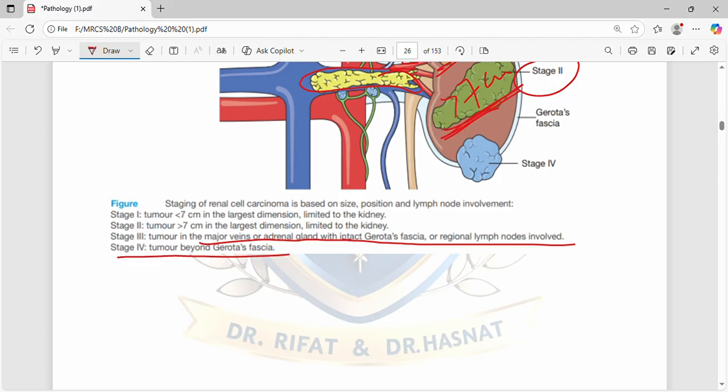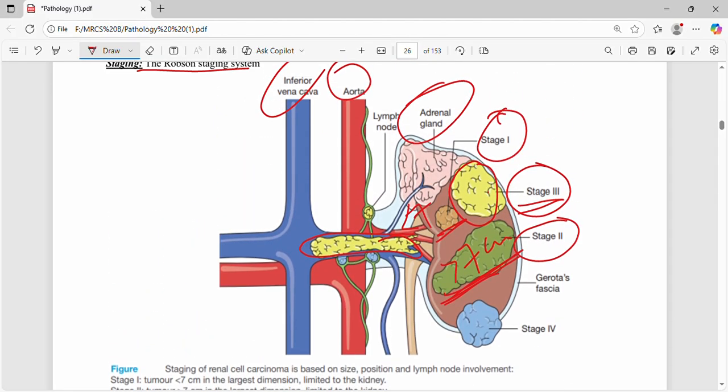Stage 4 is beyond the Gerota fascia. When the Gerota fascia is breached, that is stage 4. There is another classification with vena cava extension and so on. I will put its picture in the channel.